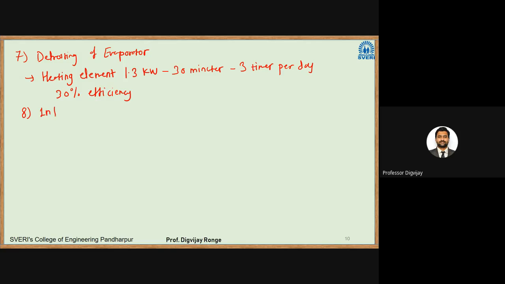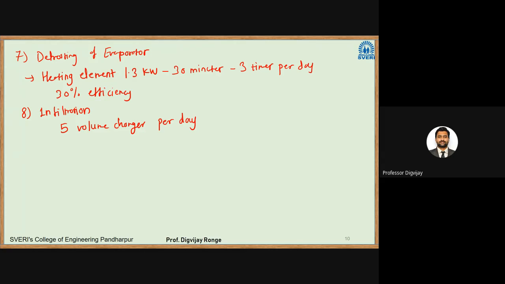The next is infiltration. In this case, it is assumed that there will be 5 volume changes per day. So this is the given data in front of us.